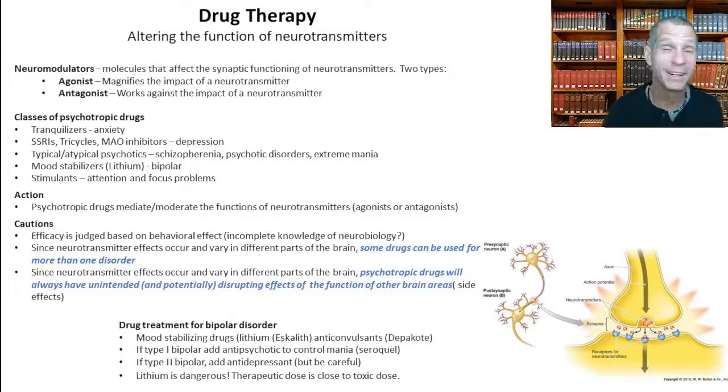Psychosurgery, going into the brain and cutting out pieces of the brain, really is expensive, dangerous, and there are always serious side effects with psychosurgery. So 95% of the time, what's going to happen is you are going to be given drug therapy of some sort. And the idea here is to alter the function of the neurotransmitters.